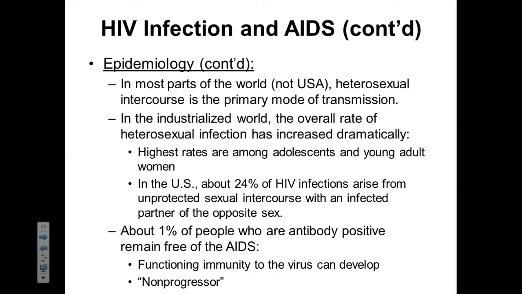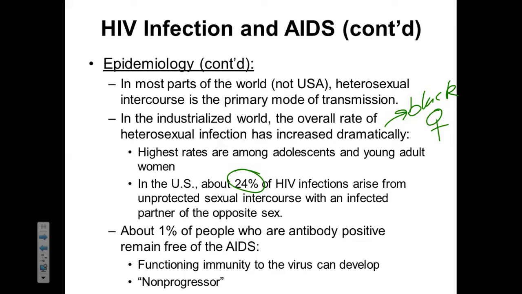Within the industrialized world, the overall rate of heterosexual infection has increased dramatically, particularly within black females. The rate of HIV/AIDS increase in black females has been outpacing all the other rates of increase in the United States.